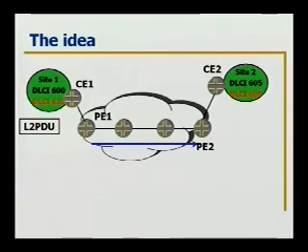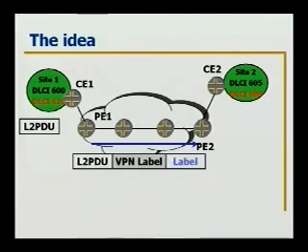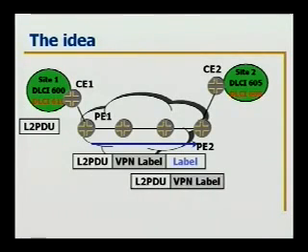And it's going to put the two-label stack, just like in the layer 3 example that we've seen before. So we're going to put a black VPN label, and put it on the LSP between PE1 and PE2. The packet is going to arrive at PE2. Based on the VPN label, the correct connection is going to be identified. The packet is going to be forwarded again as an L2 PDU to the other side.